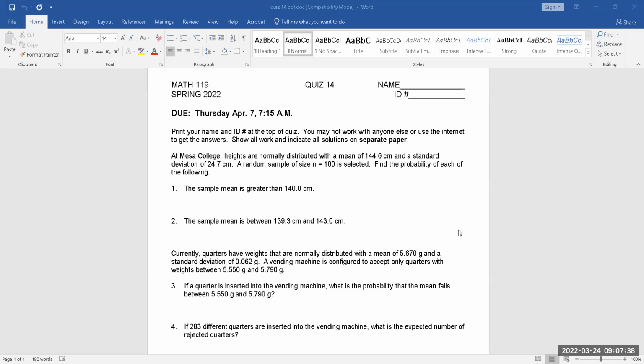Score minus mean, it's going to be negative. Close parentheses, divided by parentheses, 24.7 divided by square root of 100. Close parentheses.